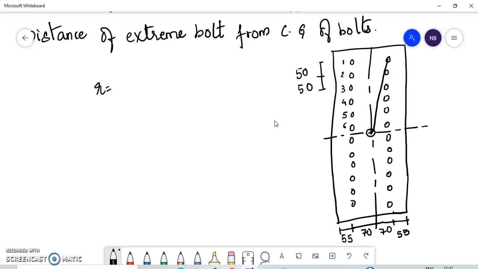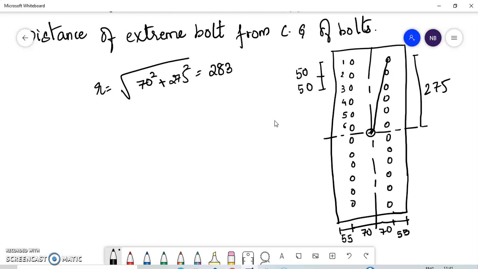So R equals under root of 70 square plus 275 square, which is 283.77 mm.